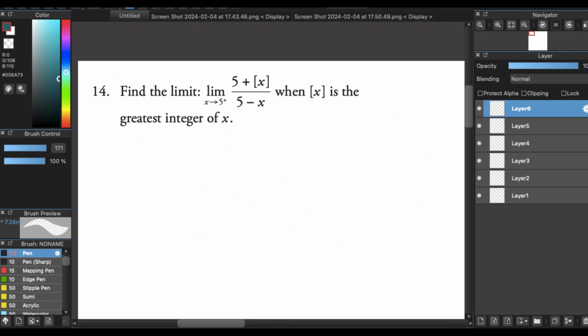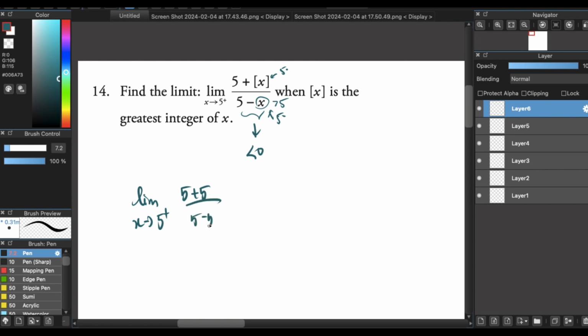So let's substitute 5 into here and 5 into here, and remember that x is larger than 5, so our denominator is actually smaller than 0. So it's going to be 10 over 0, but this 0 is actually not 0, it's negative, right? So it's going to be minus infinity, right?